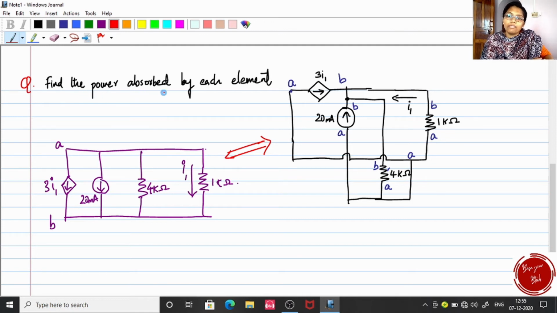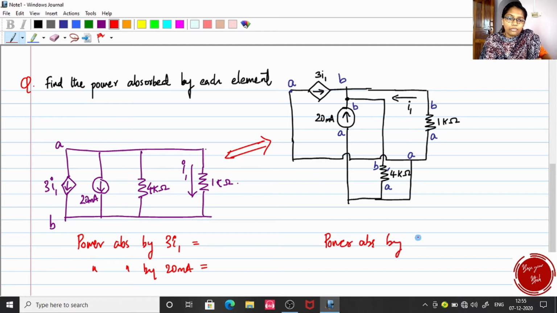Find the power absorbed by each element. That means power absorbed by this 3I1 dependent current source, power absorbed by the 20 milliampere independent current source, then power absorbed by 4 kilo ohm and 1 kilo ohm.